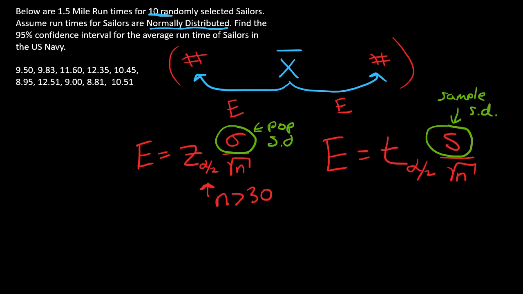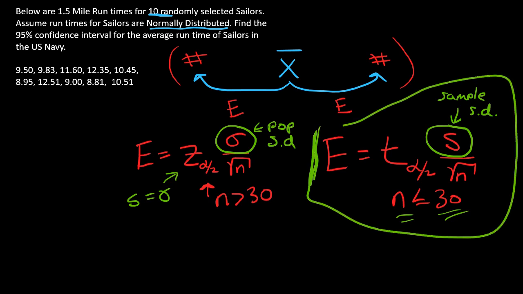So basically, when you have a small sample size, so n less than or equal to 30, you can no longer make that assumption where before we were saying, you know what, we calculated s and it's close enough to sigma, so we just went ahead and used this formula, right? You can't do that when you have a small sample size, so n less than 30, okay? So you're going to need to use this formula. This is what we're going to use.